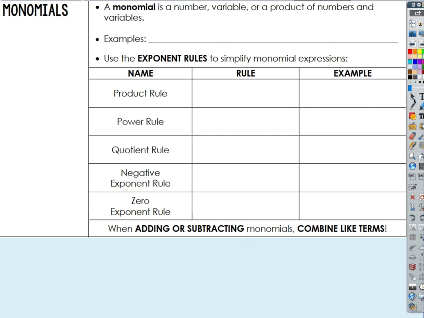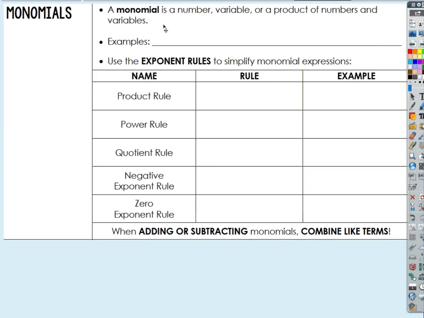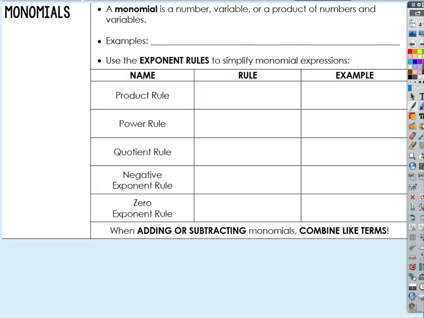Some examples of monomials would be 4, or 7x, or 3x squared, or just plain old x, because they consist of just a plain number, a plain variable, or a number times some power of a variable. It's a single term, okay?